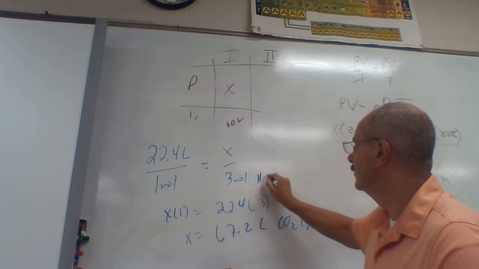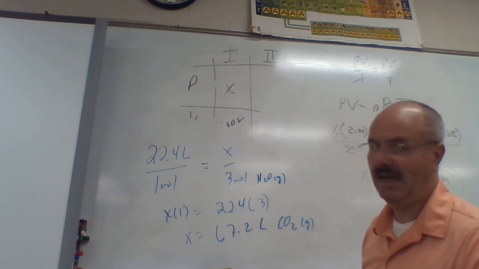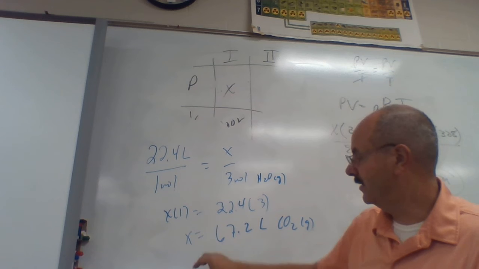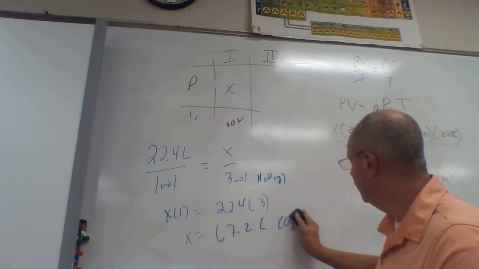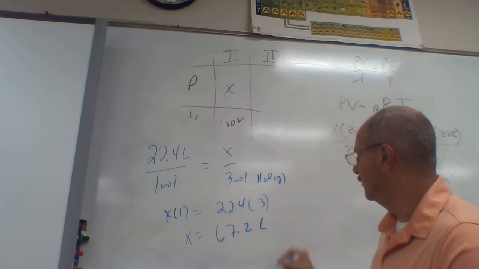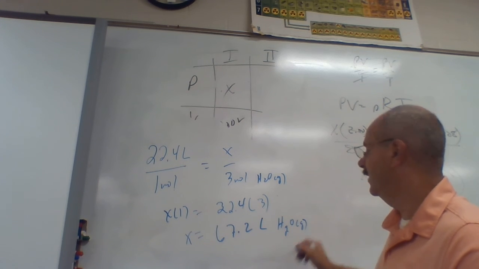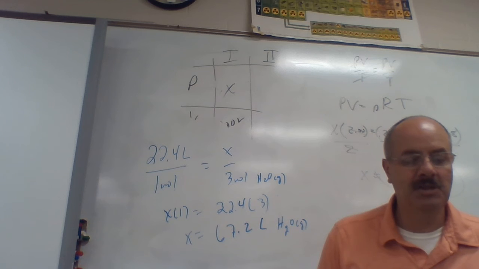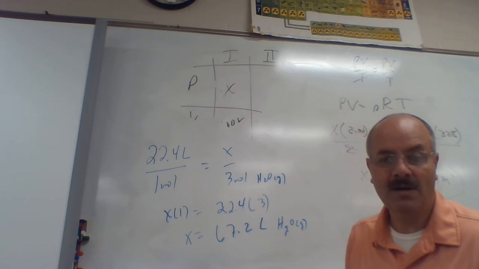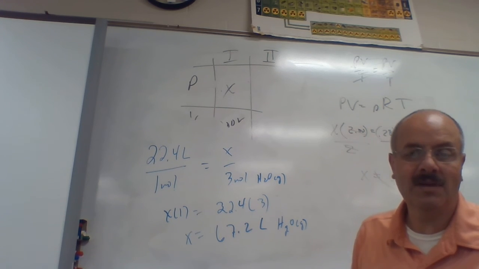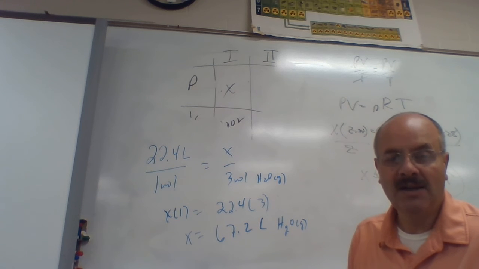It would change to water as a gas. When I do all my calculations, everything would be the same except this. I'd end up with 67.2 liters of water as a gas. That would be the only thing that would change, my units as to what I'm talking about. I'm not talking about carbon dioxide anymore as a gas. Now I'm talking about water as a gas.